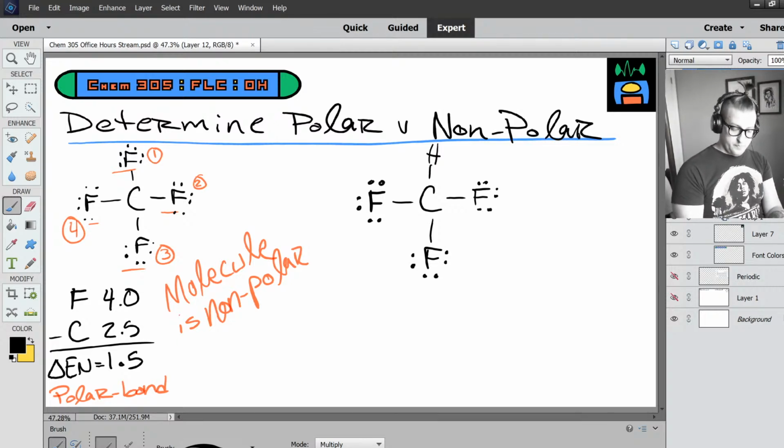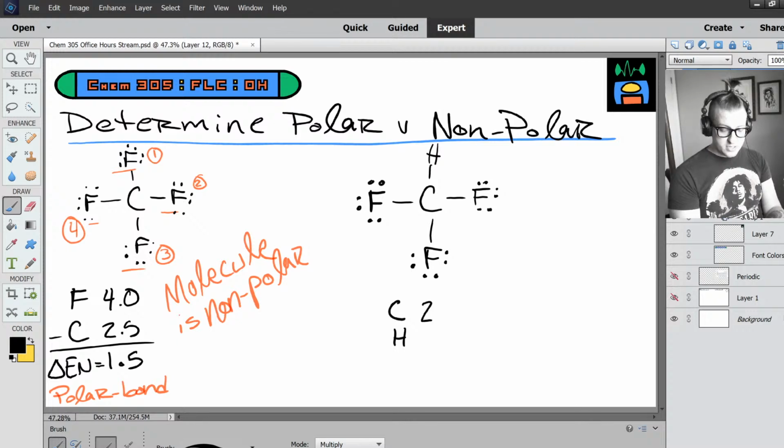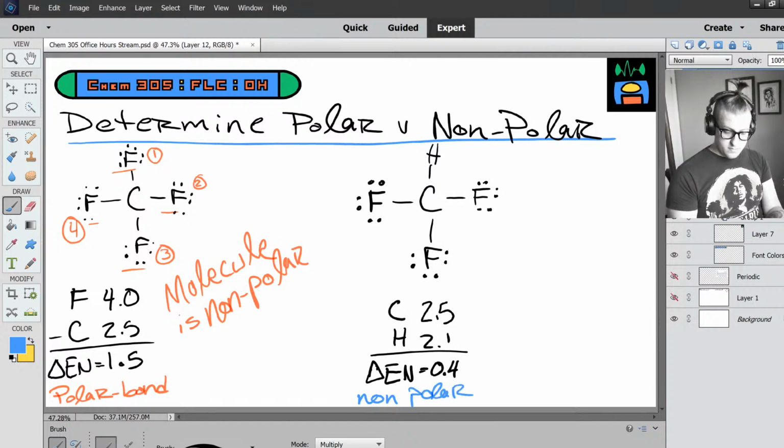All right. The difference in electronegativity for carbon and hydrogen, 2.5, 2.1, this comes out to be nonpolar. But the difference in electronegativity between fluorine and carbon is still polar, right? That hasn't changed.